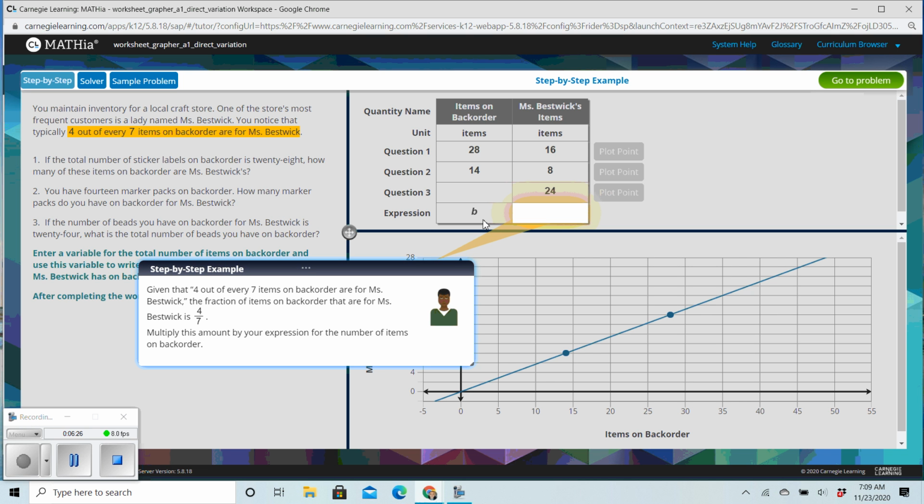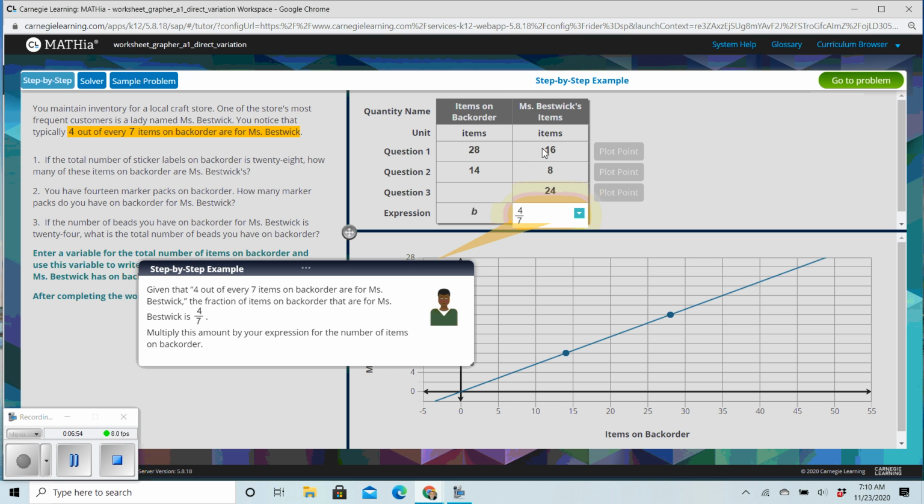So now, to make an expression that identifies Miss Bestwick's items, it says 4 out of every 7 items on back order are for Miss Bestwick. So the fraction of items on back order that are for Miss Bestwick is 4/7. We know that. We've been using this for a hot minute. So when it comes to writing the expression, you just have to think about what we've been doing previously.